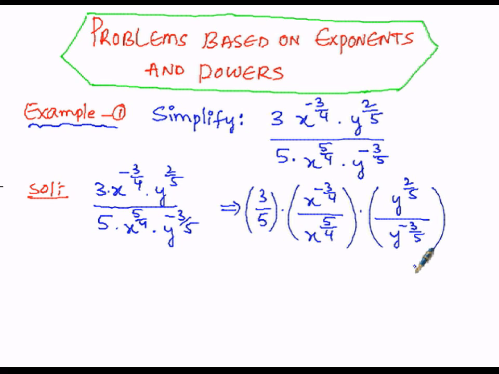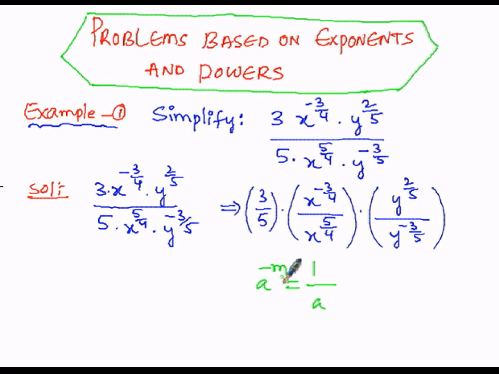But we know one identity, that is a to the power of minus m, when it comes in the denominator, it becomes a to the power of plus m, whereas 1 divided by a to the power of minus m, when it comes over to the numerator, it becomes a to the power of plus m. We are utilizing those two: a power minus m can be written as 1 by a to the power of plus m when it comes over to the denominator place.